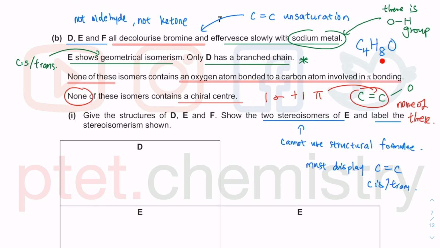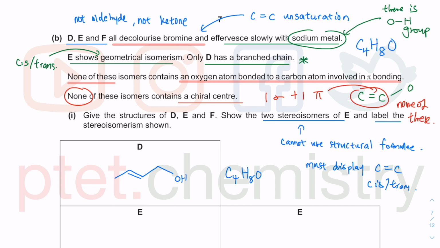So there are 4 carbons. For D, if I just draw my double bond, is this doable? There is 1, 2, 3, and 4. So there are 4 carbons. Hydrogen 1, 2, 3, 4, 5, 6, 7, 8. And then there is no oxygen. There is no oxygen directly bonded to that.